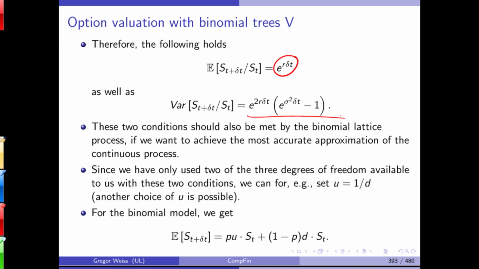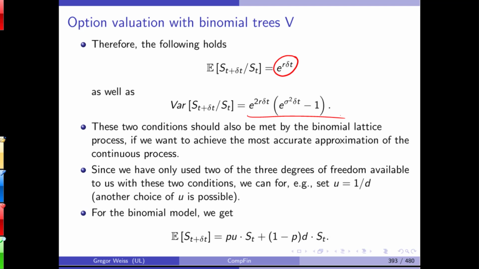That's the case for the continuous process we want to approximate. Thus, these two conditions should also be met by the binomial lattice process if we want the approximation to be as good as possible. Remember, we have a continuous stochastic process which we don't want to use because it's continuous in time, but we need a discrete approximation.